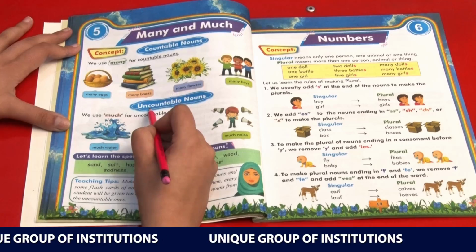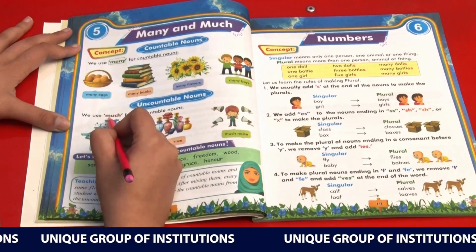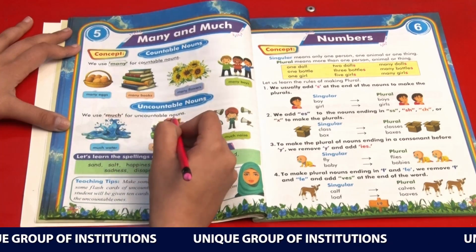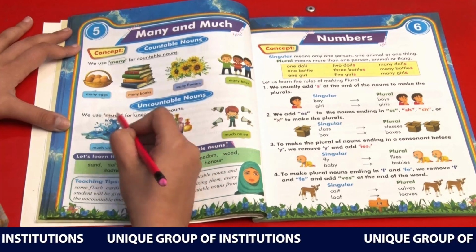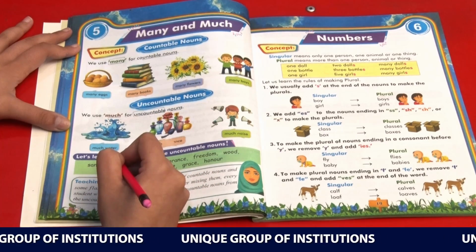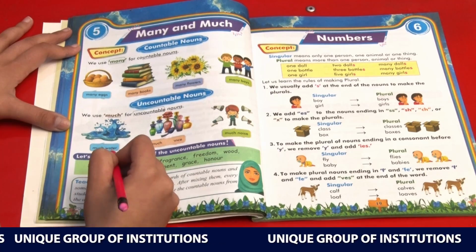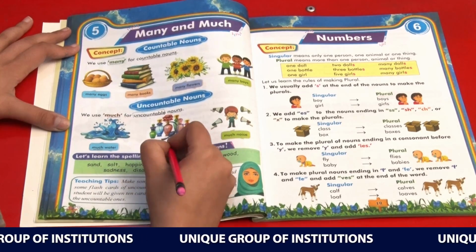Then we have uncountable nouns, which use much. We use much for uncountable nouns like water. We can't count water, so we put much water. Then we have fragrance.